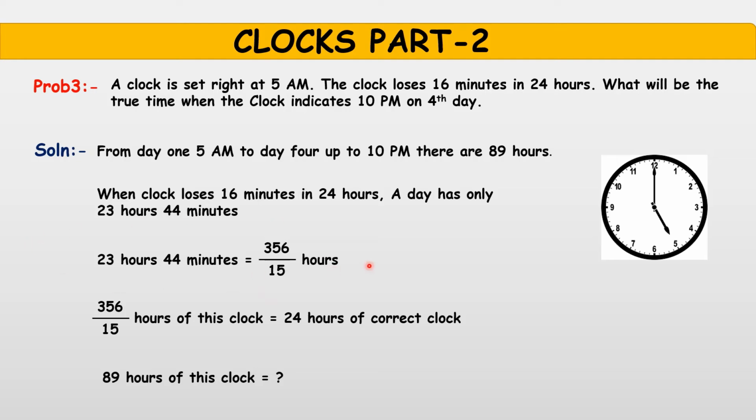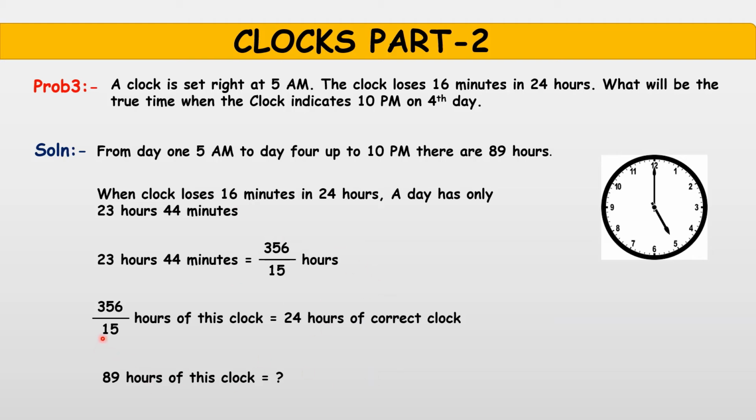After converting it to pure hours, you do 44 divided by 60, cross multiply for the mixed fraction. So we'll get 356 by 15 hours. In a day we have 356 by 15 hours after losing.